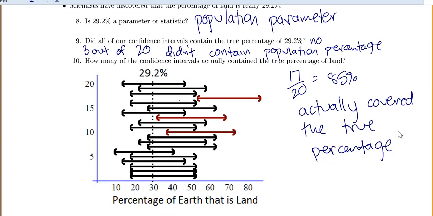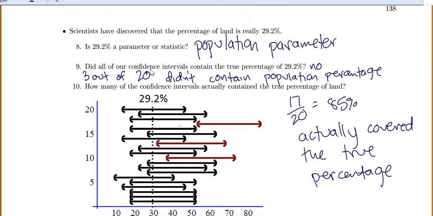So here's our little diagram, so you can see. I drew in each of the confidence intervals, and these red ones are the ones that didn't contain the true value of 29.2%.